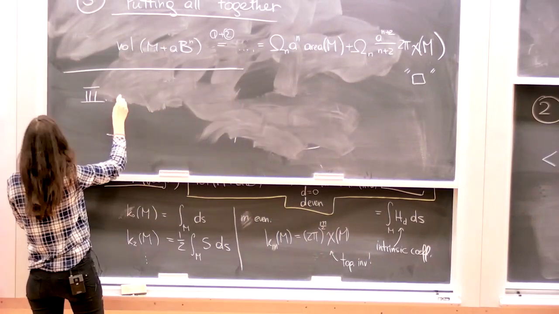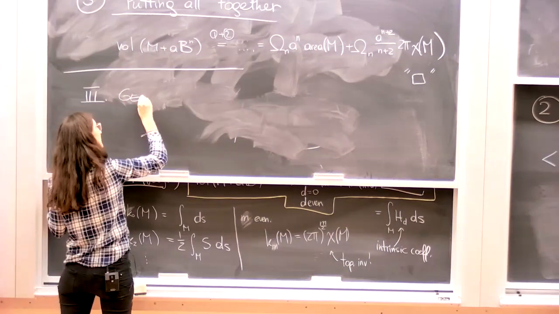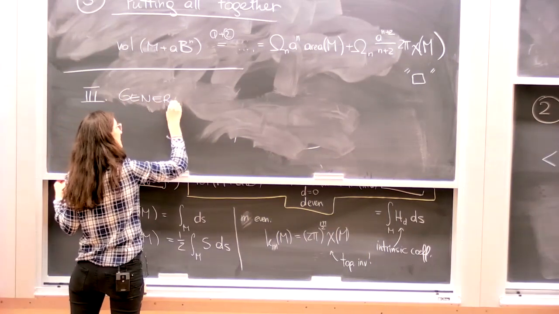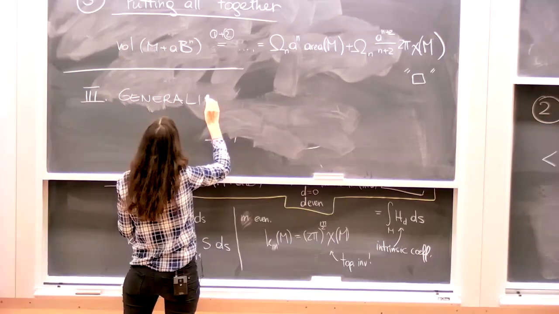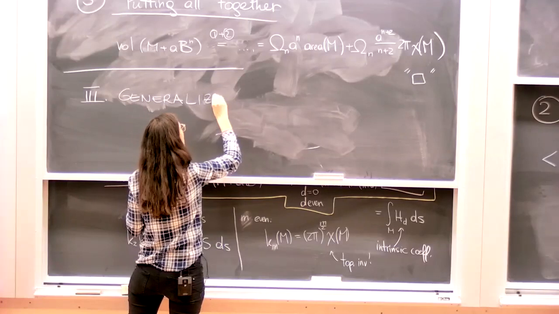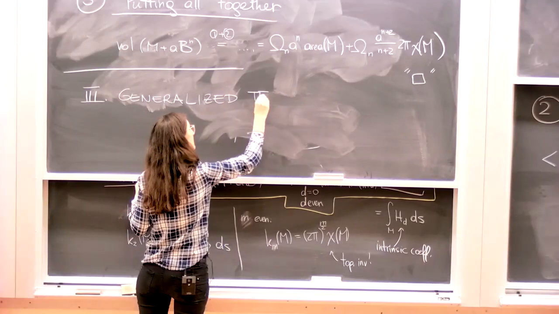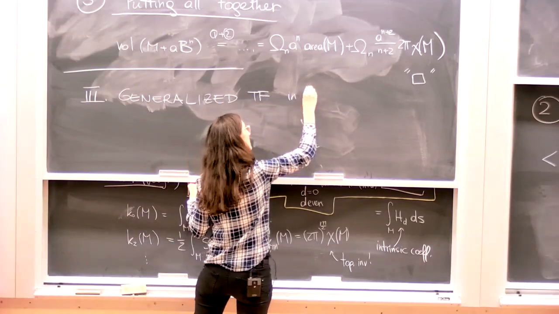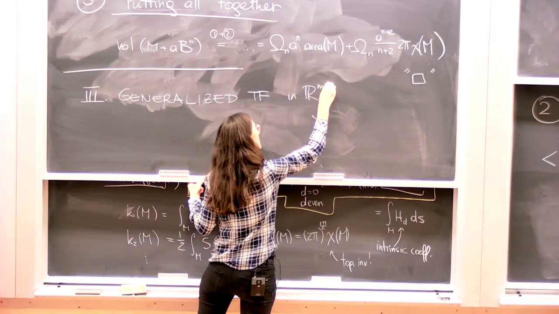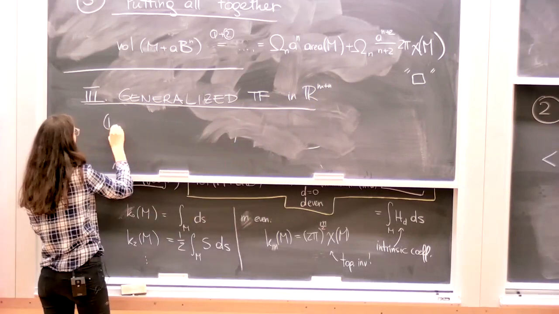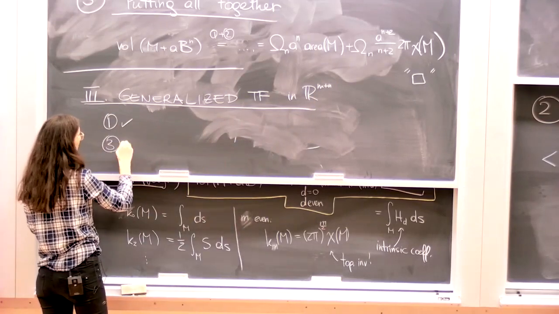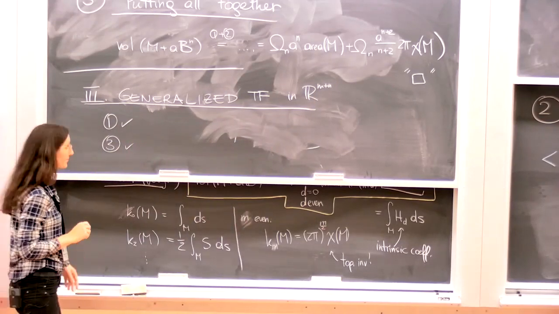Part 3, generalized tube formula, still in the Riemannian setting. So basically steps 1 and 3 are not problems, they're just computation.